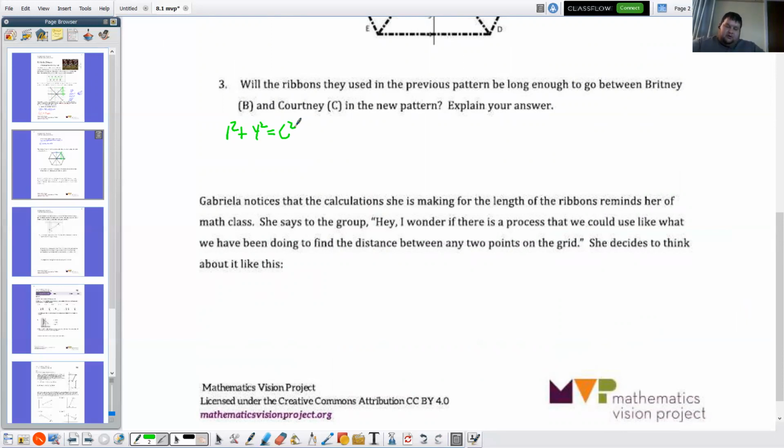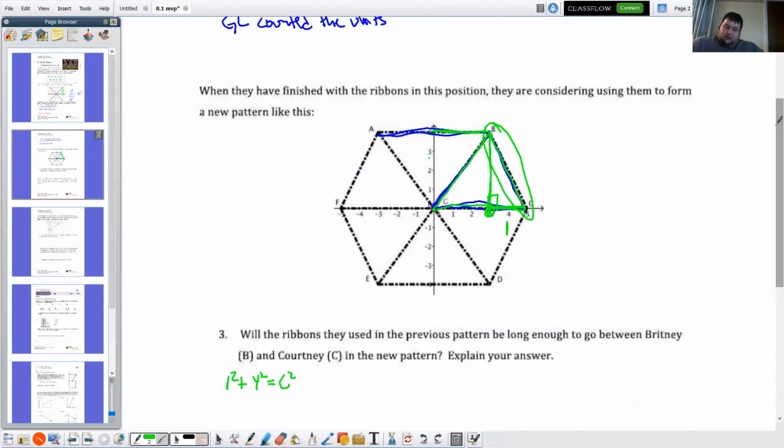If the ribbon is going to go from Courtney to Brittany here, it has to be at least as long as one of the ribbons from Gabrielle, or whatever her name was, in the center there to Courtney or to Brittany. So the ribbon has to be less than, what was it, 5.66 units.